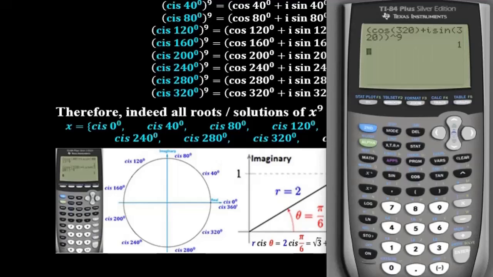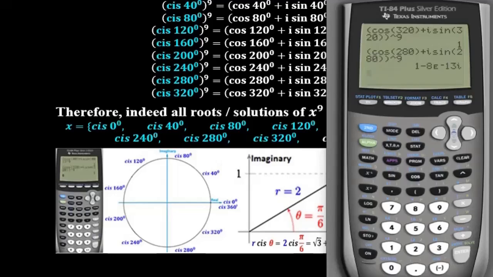Then we'll do second enter to call the last entry, then simply change 320 into 280 degrees, and hit enter. You should get 1.